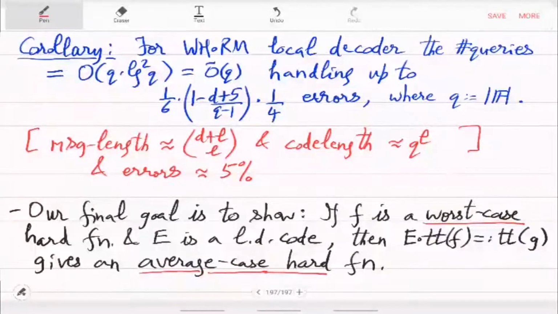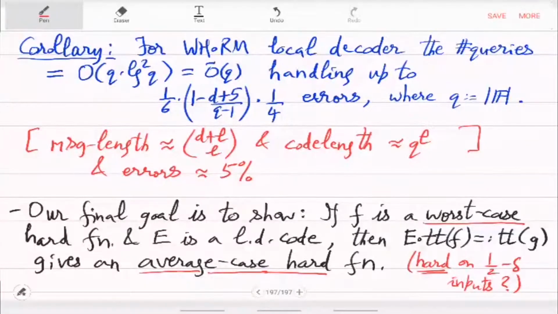So, average case hard means that it should be hard on close to half minus delta errors, half minus delta inputs. Right. So, if you think about this carefully, this will require a local decoder for E which can handle errors close to 50%, okay, which is asking for too much.